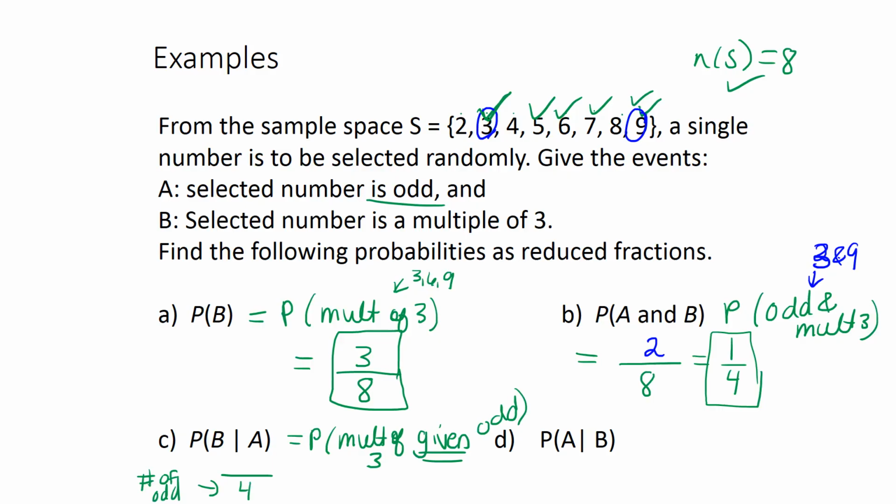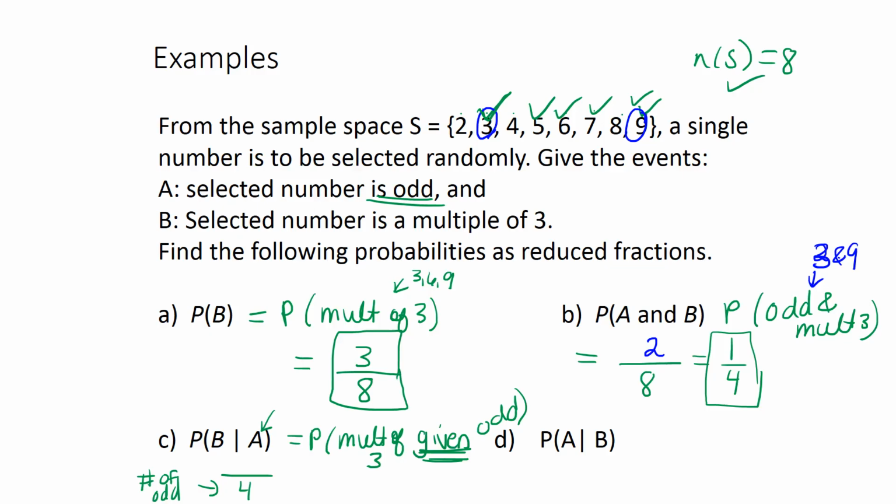So we only have 4 odd numbers. We are already given that it's odd. And remember that the number in the second one is the denominator, the number of odd numbers, when we first introduced that, right? The number in A is the denominator, or the odd numbers.